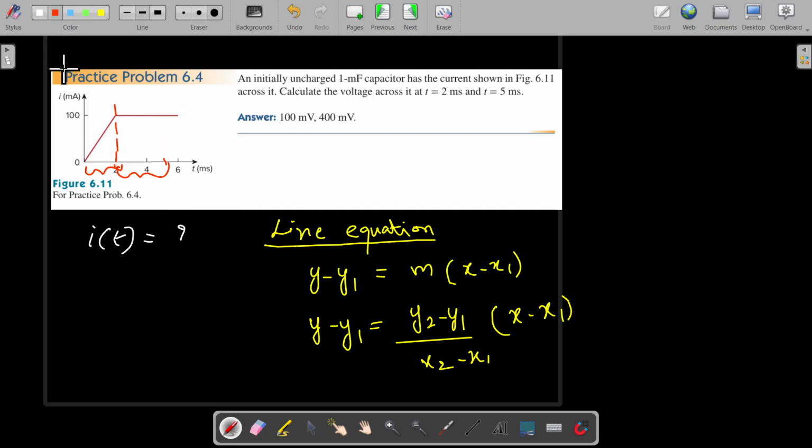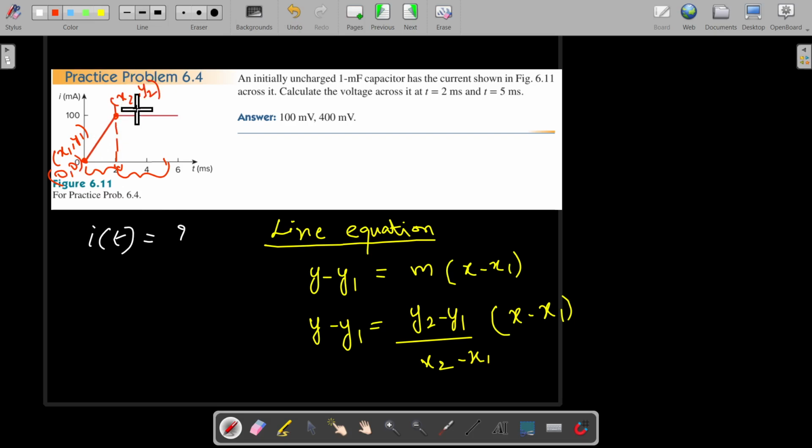For the first portion, when you consider this as your origin point or the starting point, then you have the sloped line. So this is your end point. The starting point is x1 comma y1 and the end point is x2 comma y2. The starting point is 0 comma 0 and what is x2 comma y2, the end point for this ramp?